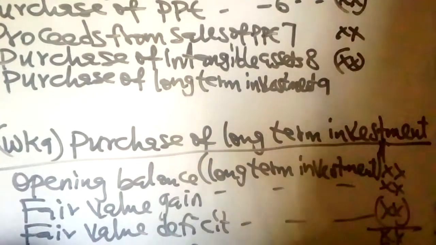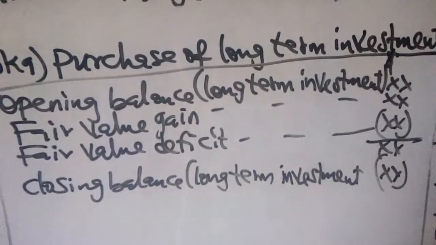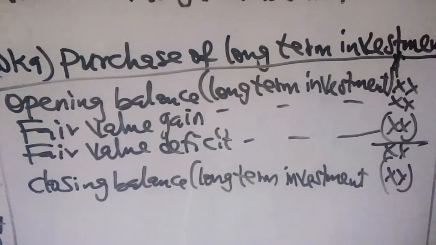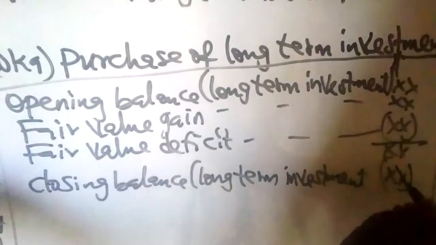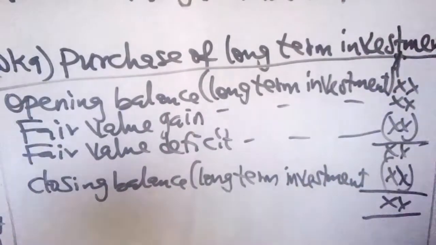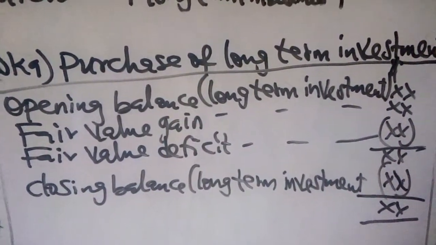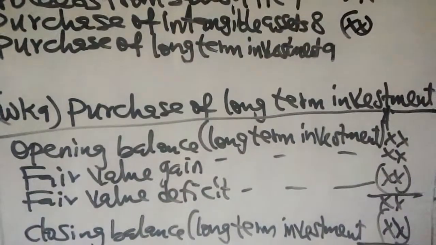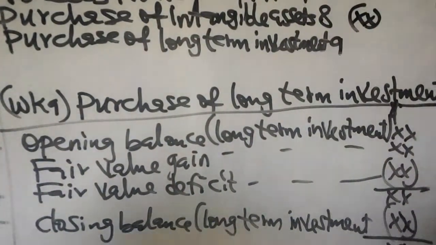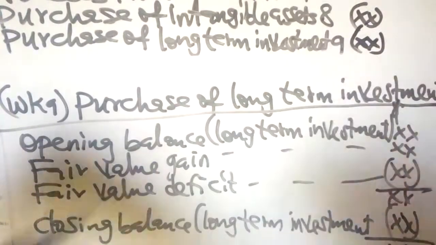Where this closing balance exceeds, that means more of the long-term investment has been bought. And this amount is what you are going to report as the purchase of long-term investment under investing activity.